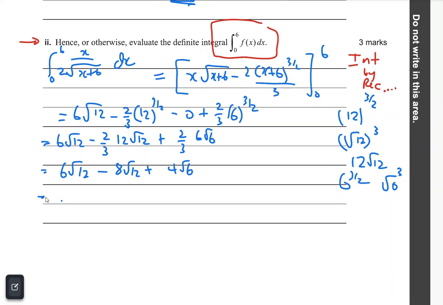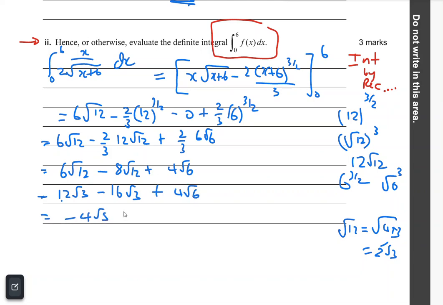Which is going to equal, root 12 is the same as the square root of 4 times 3, which is 2 root 3. So that's 12 root 3 minus 16 root 3 plus 4 root 6. It's going to be negative 4 root 3 plus 4 root 6. I'm going to say 4 root 6 minus 4 root 3. It could be in any other form, but that's what I'm going to leave it as.